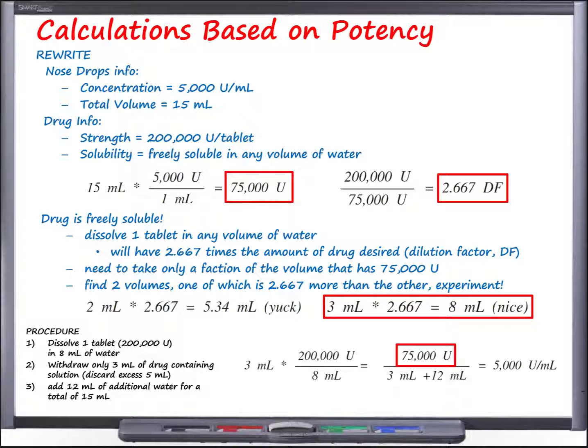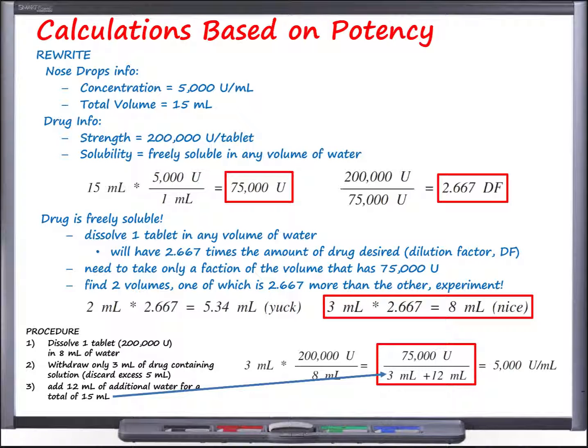But we're not done. The next step in the procedure says to take that amount, the 75,000 units, remember, which we said is contained in 3 mils. To that 3 mils, we need to add an additional 12 mils of essentially water, or the sodium chloride.